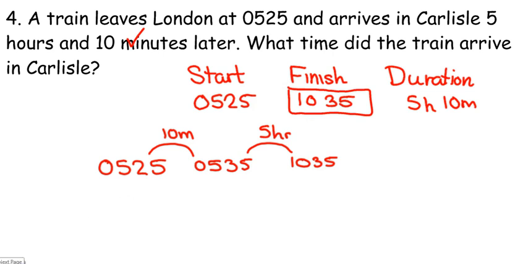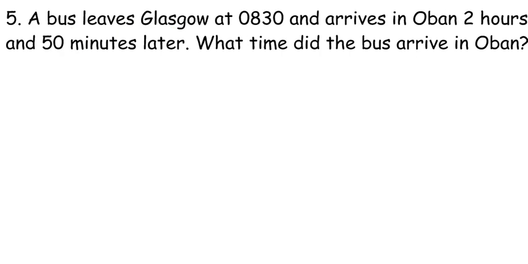Okay, let's look at another question. Same kind of idea. Bus leaves Glasgow at 8:30. It's going to arrive in Oban 2 hours and 50 minutes later. So when does it arrive in Oban? Okay, so again, our table might look something like this. We might have leave, arrive, and length of journey.